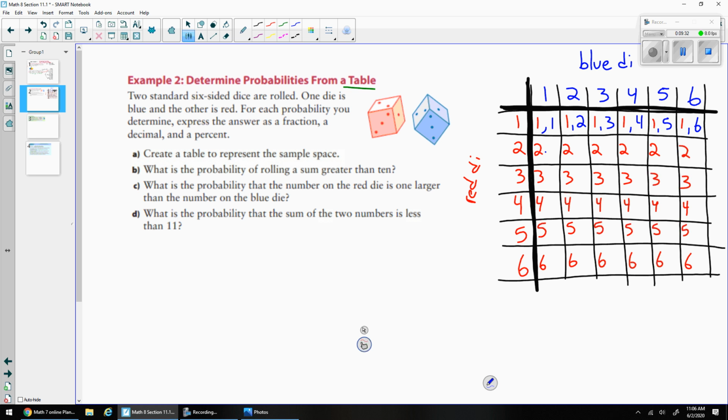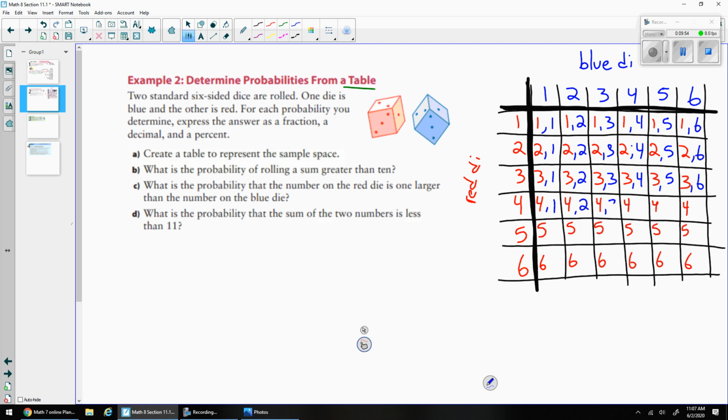Or I could roll a red 2 and a blue 1, red 2 and a blue 2, red 2 and a blue 3, and so on, 2 and 5, 2 and 6. And so I'm able to see a 3 and a 1, a 3 and a 2. I'm able to see all of the possible outcomes very nice and neatly on this table.